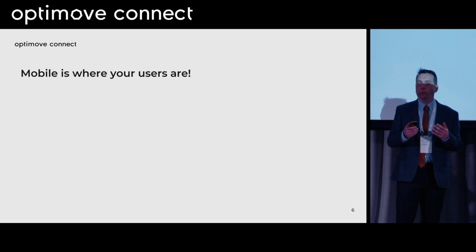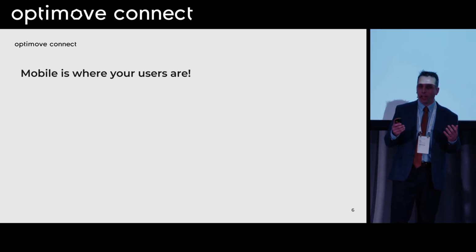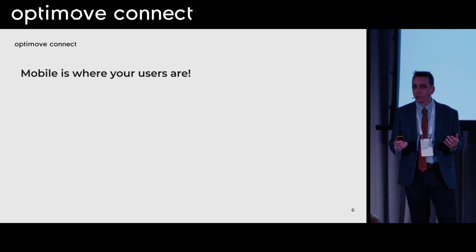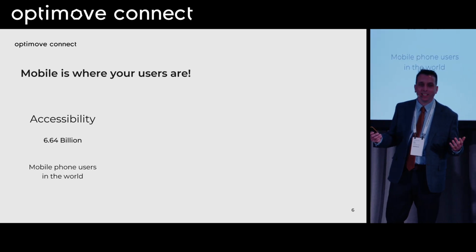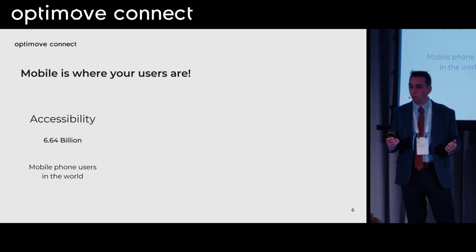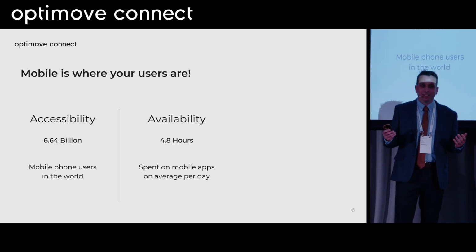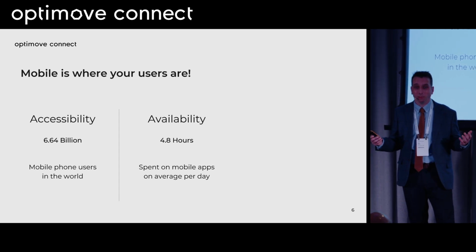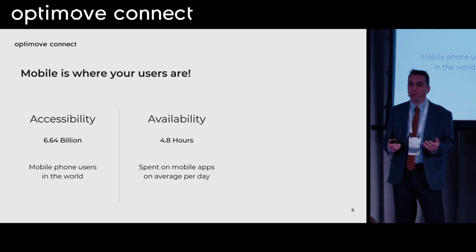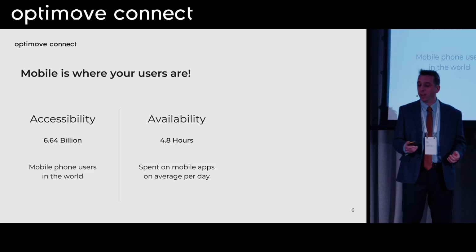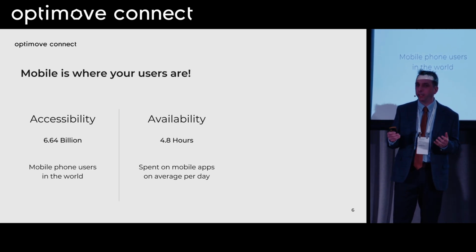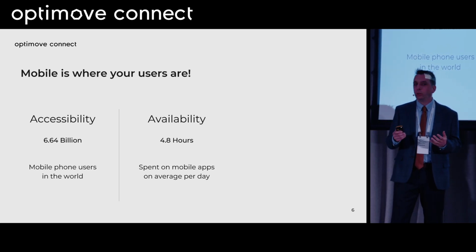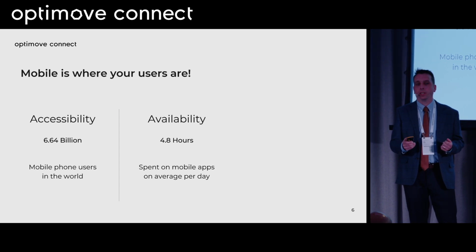First of all, we all know as consumers, we spend our lives on our mobile phones. 6.6 billion mobile phones in the world. We spend 5 hours a day, unless you're a teenager, when you can triple that, in mobile apps every day. And this combines to mean that mobile channels perform very well when it comes to immediacy.